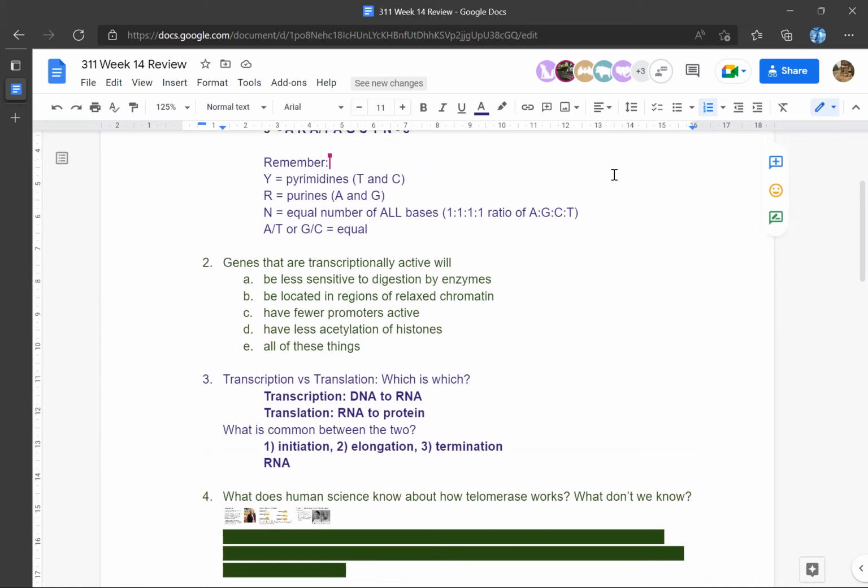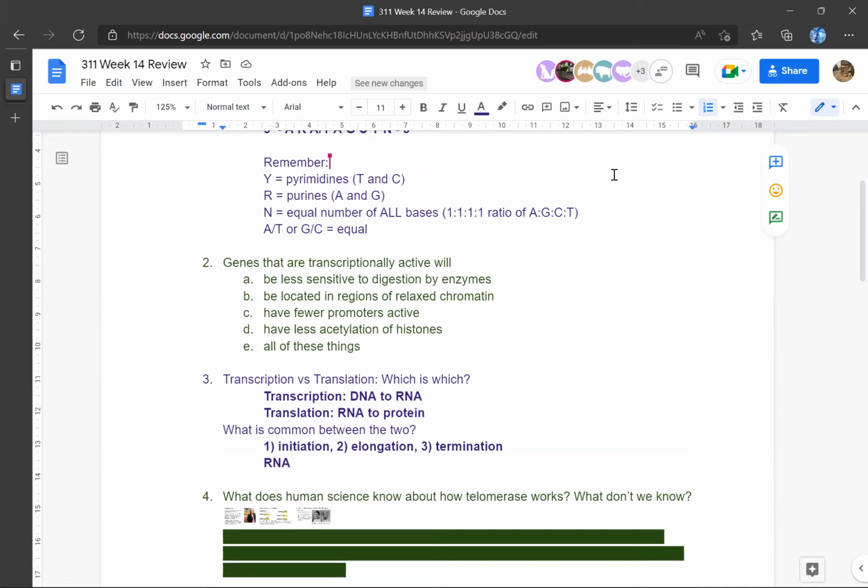And having less acetylation of histones is also incorrect, because acetylation is what makes euchromatin, what makes relaxed chromatin, because we have our histones that our DNA wraps around. And remember, DNA is a negatively charged molecule. What acetylation does is you add acetyl groups to the histone proteins, and that makes the histones more negative.